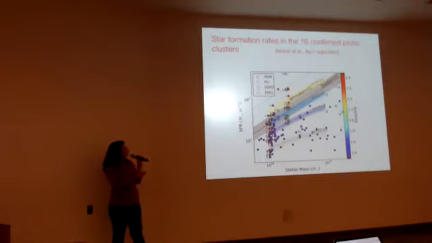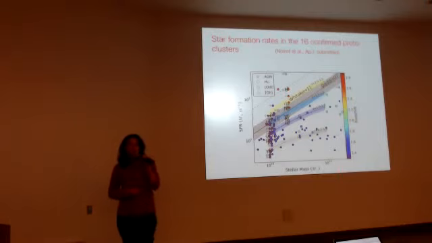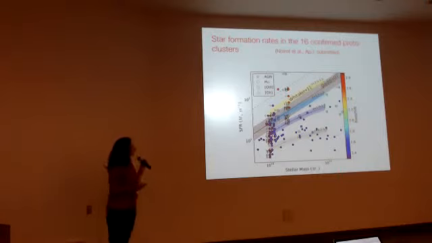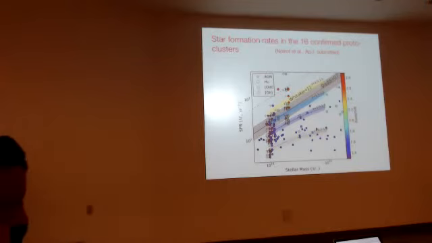So you see they are always on the high end. You always observe quenched galaxies with respect to the main sequence in the field. So the star-forming galaxies already start to be quenched.